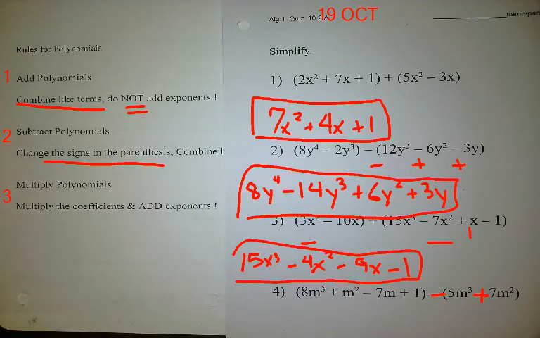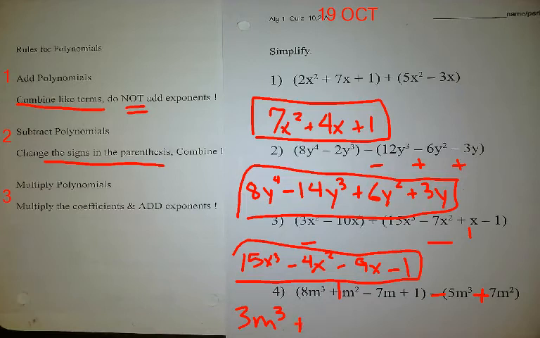Right? So we start with the highest exponent here, m to the third. Are there any m to the thirds? Yes, there is. 8 minus 5. 3m to the third. All right. Now that's gone. M squareds. Are we looking for m squareds? Hey, over here I have 7m squareds, and I'm adding to 1. Remember, if there's nothing here, that's a 1.